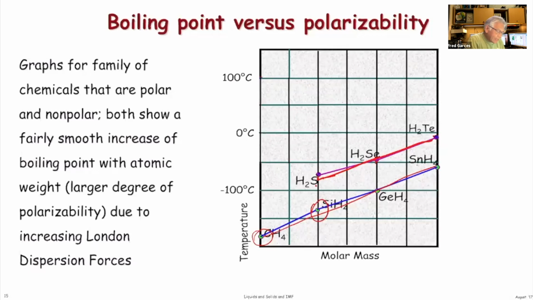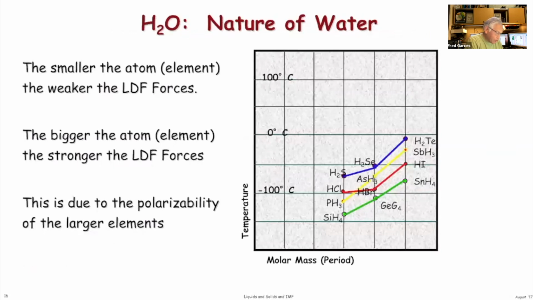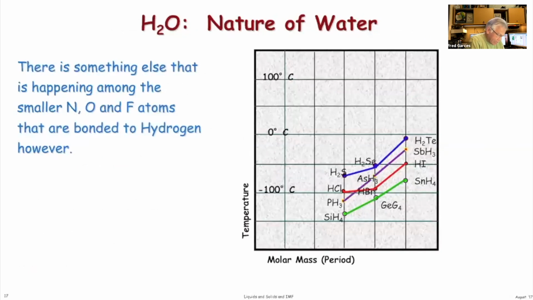The next element above sulfur is oxygen. And so what we have here are these again. This phenomenon shows you why these chemicals have higher boiling points. But when we get to elements in the first row, their boiling point really dramatically goes up, as you can see in this slide.